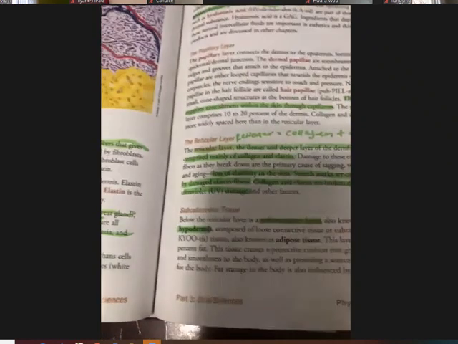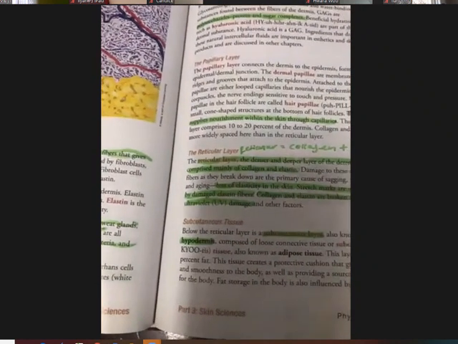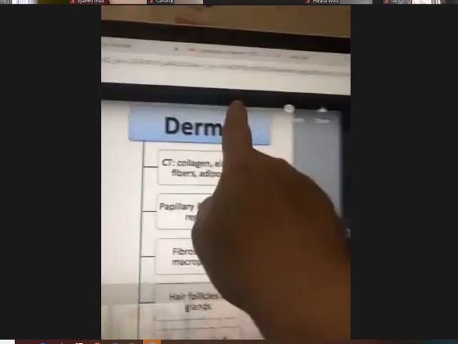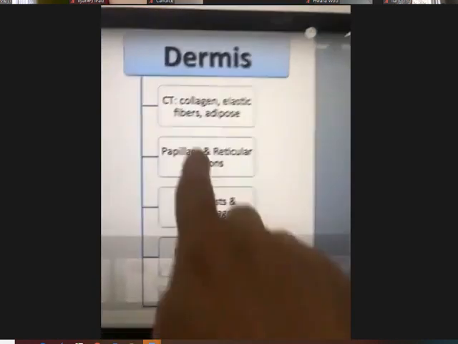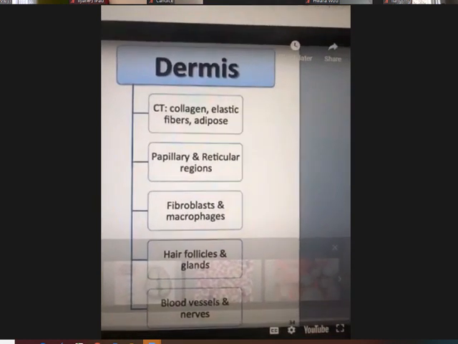So the reticular layer is where you find other things. I'm going to show you a video, so you can see here the dermis has the papillary and the reticular region.